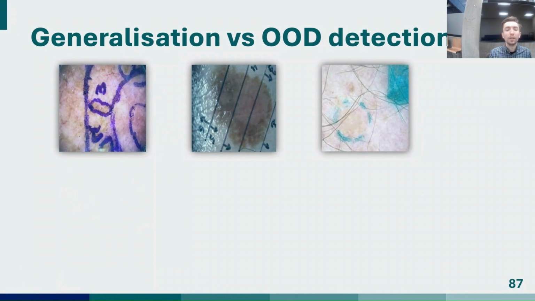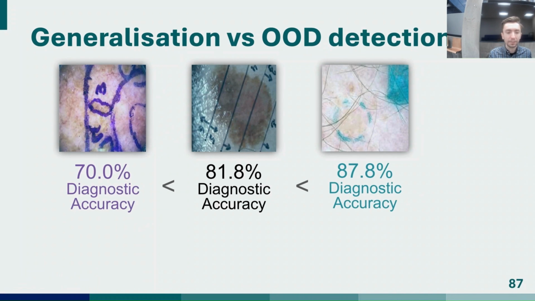Looking at our ink annotation examples, we find that purple has the lowest diagnostic accuracy compared to black, compared to green. So the model performs best at detecting malignant and benign skin lesions on the green ink OOD compared to the purple OOD.